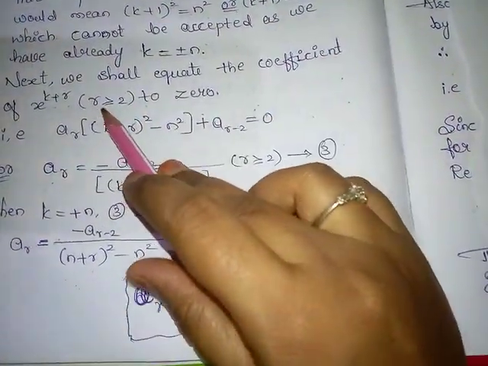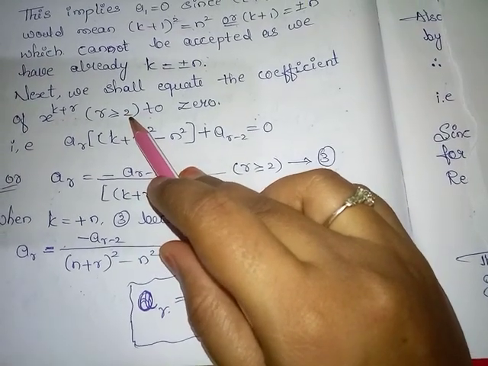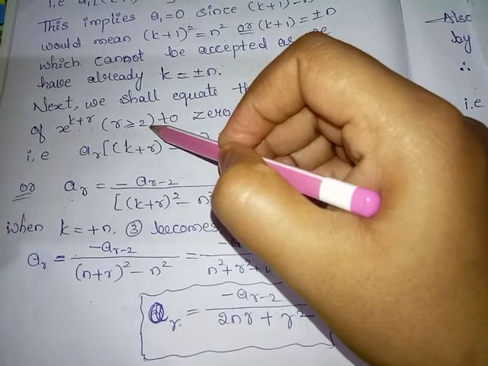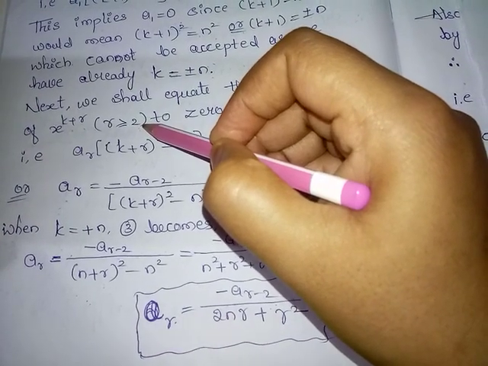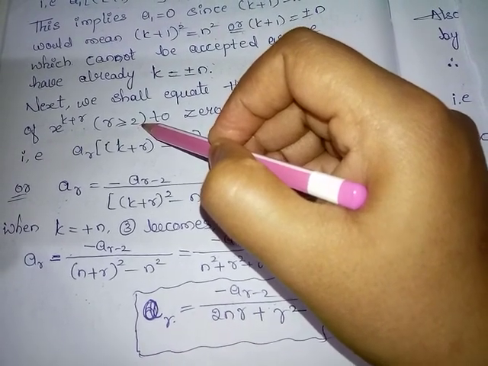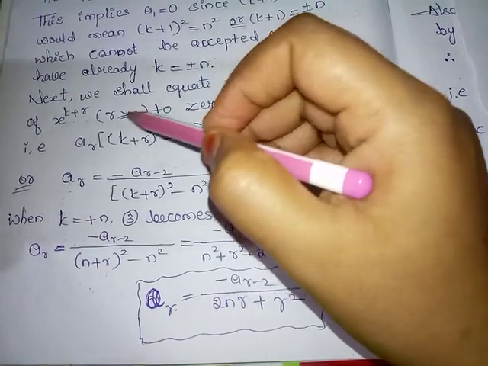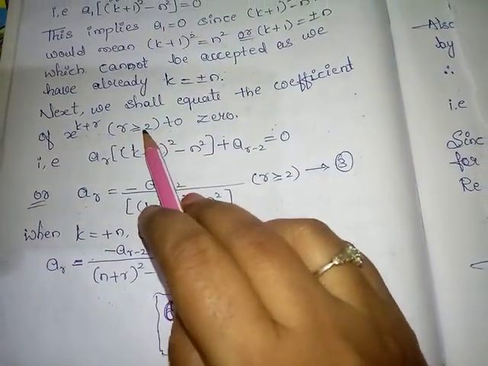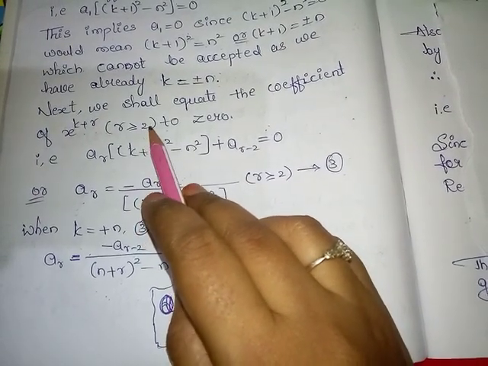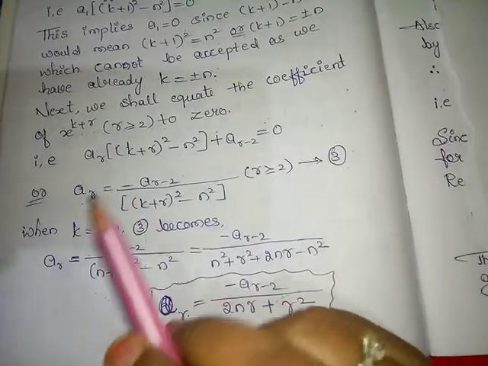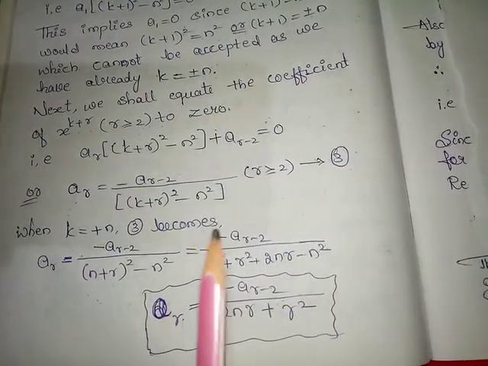The r value is greater than or equal to 2, because when we take an r value less than 2, we can't get the constant a naught. Here we must have all the constants in terms of a naught, so the r value is greater than or equal to 2. In the last examples I have explained how to consider this value of r. Go through those examples, you will understand.